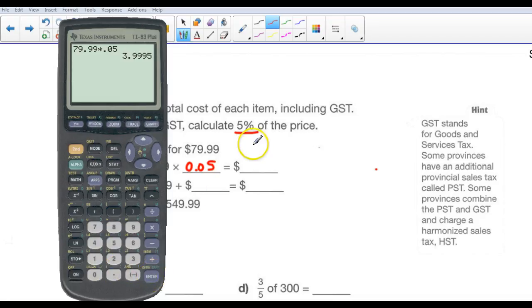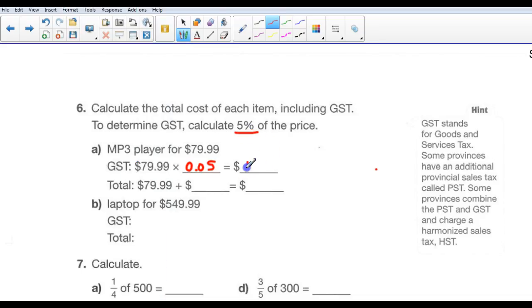You'd have to pay an extra $3.99. Looks like $4. Have to pay an extra $4 if we're rounding it. So the total is $79.99 plus an additional $4 GST. I like to underline my 2 little zeros there. And you get an answer of $83.99. Basically $84 is what you're paying.